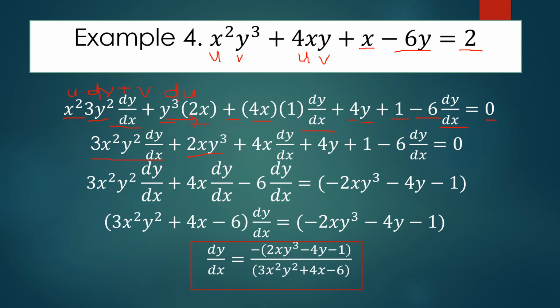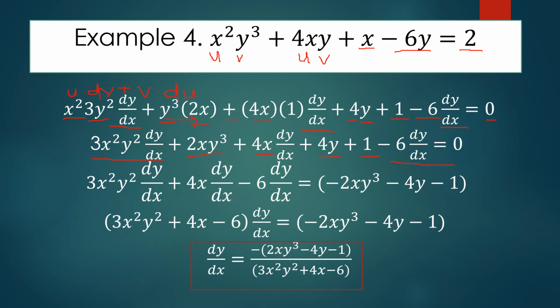We have 2xy cubed, plus multiply 4x times 1 is 4x times dy over dx, plus bring down 4y, bring down 1, and also bring down negative 6 dy over dx is equal to 0.